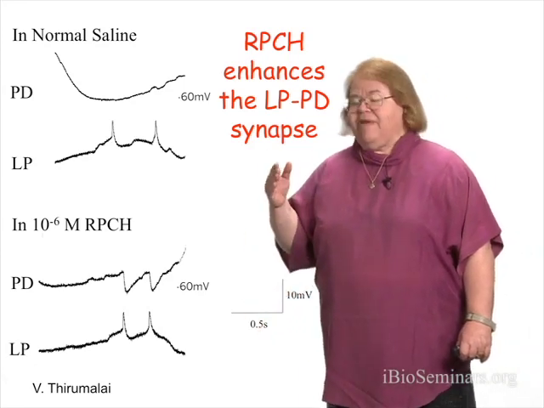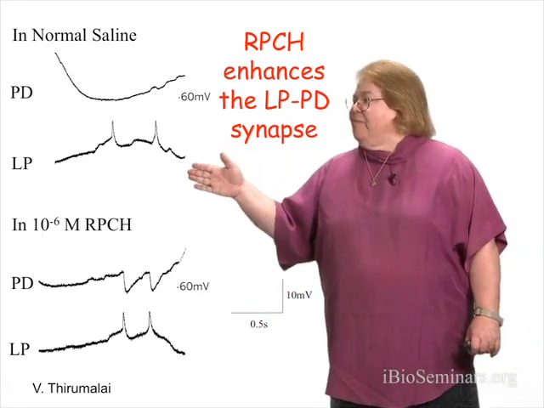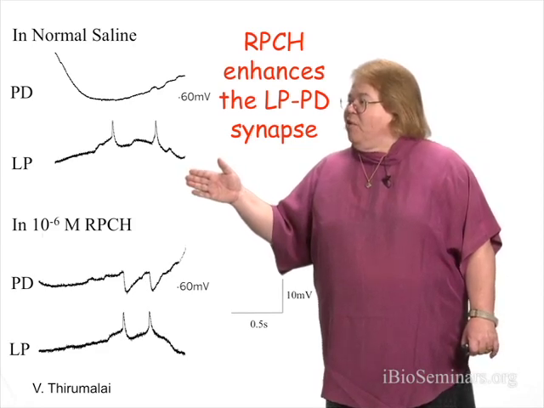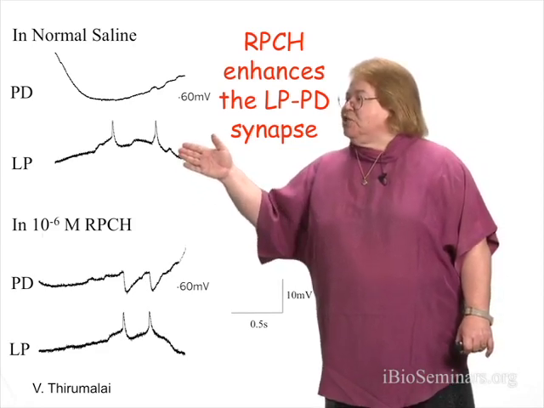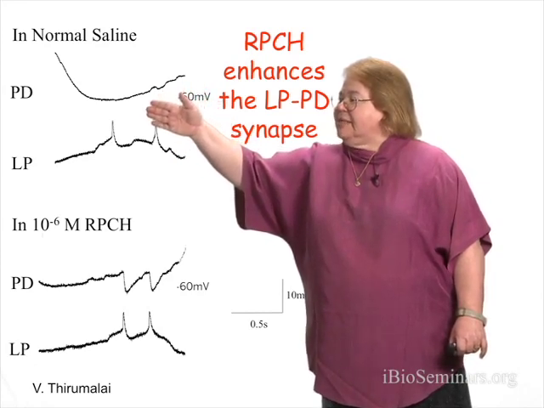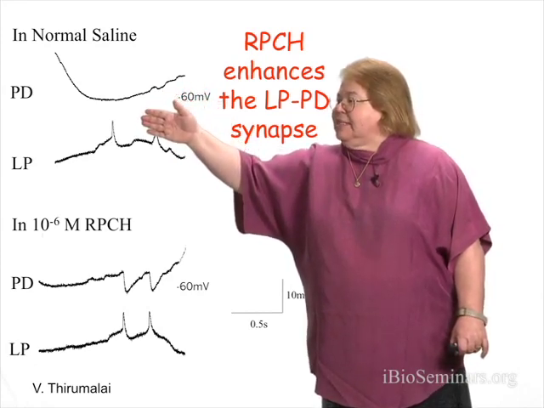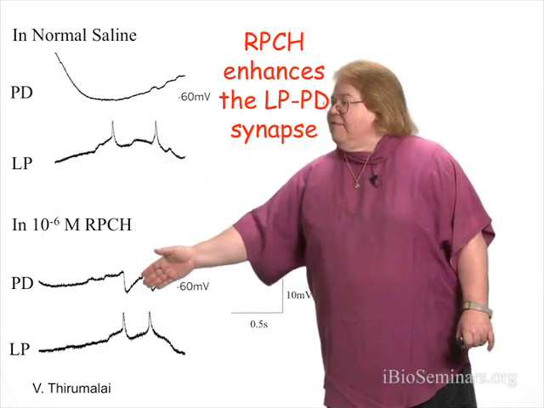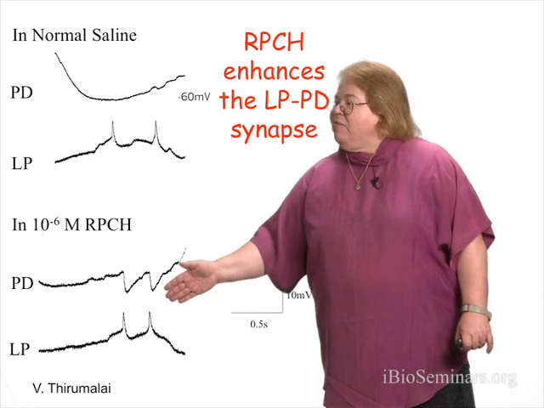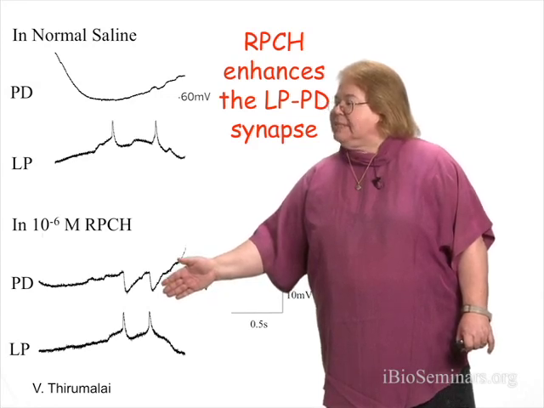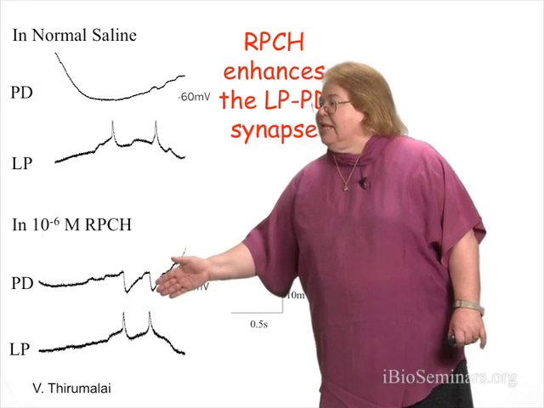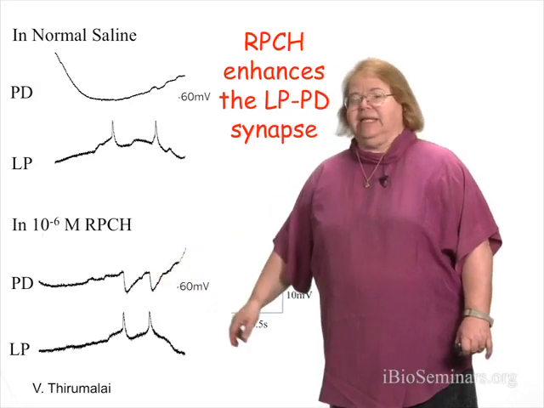Here's just an example of how profound the effect of a modulator can be. On the top trace, you can see in normal saline, an action potential in the LP produces virtually nothing in this preparation in the PD cell. But after Veronica Thirumalai applied the peptide red pigment concentrating hormone, or RPCH, you can see each action potential in LP produces a very large IPSP in the PD cell.